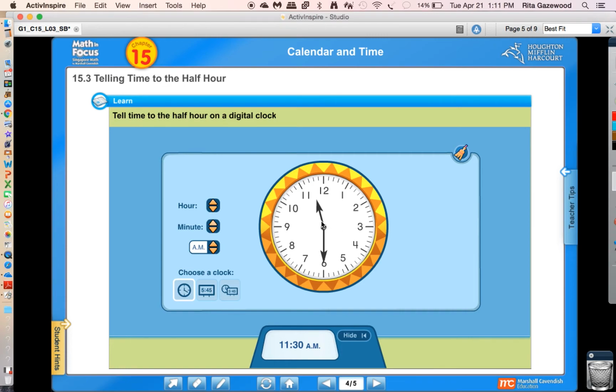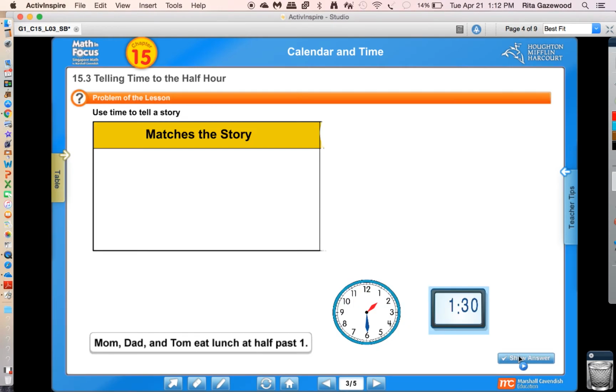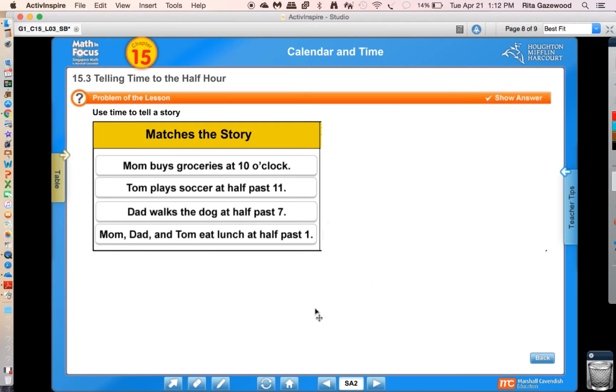So my hour hand is halfway between the 11 and the 12, and my minute hand is pointing to the 6. I bet you made your time faster than I did. Let's go to the next story.